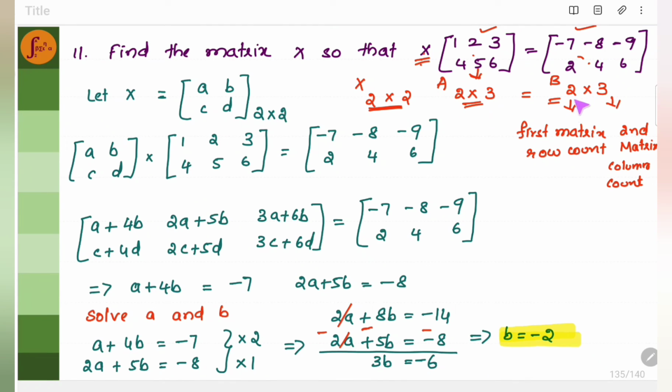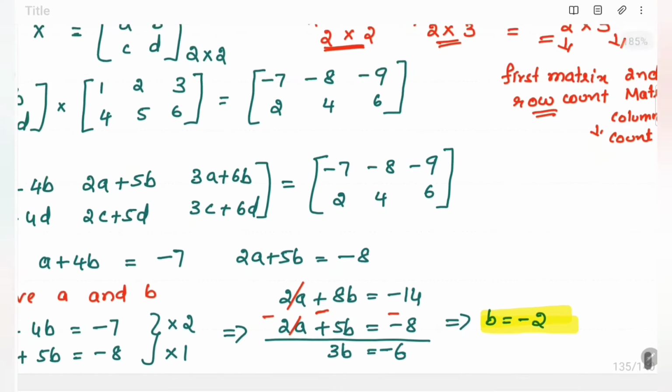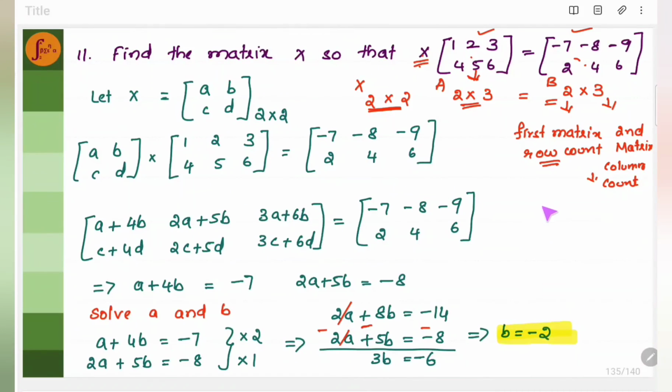The final order is nothing but this 2, the row count, which is the row count of the first matrix, and 3, the column count, which is the column count of the second matrix. This is a rule. If multiplication is to be allowed, then this rule has to be satisfied, right? When you multiply two matrices, this is going to be the order. The row count should be the row count of the first matrix and the column count should be the column count of the second matrix. That means the row count of the first matrix is 2, right?